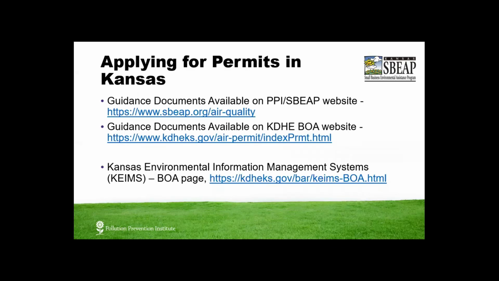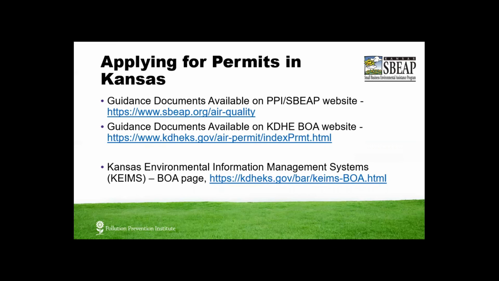When applying for construction or operating permit documents in Kansas, there are guidance documents available on the K-State Small Business Environmental Assistance Program website, as well as the KDHE Bureau of Air website.